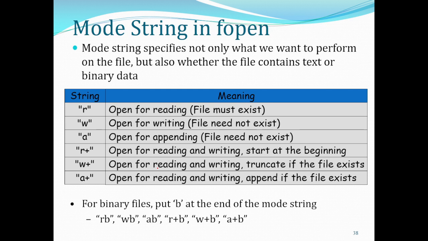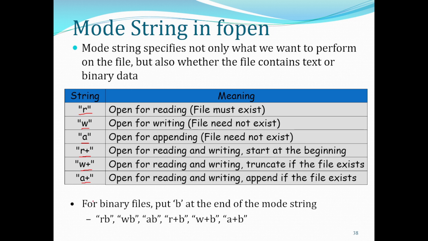So, the mode string in the open function. If you want to read the file only, we are basically using the read mode. There is also only writing, only appending, and then read plus write, write plus read, and append plus read.